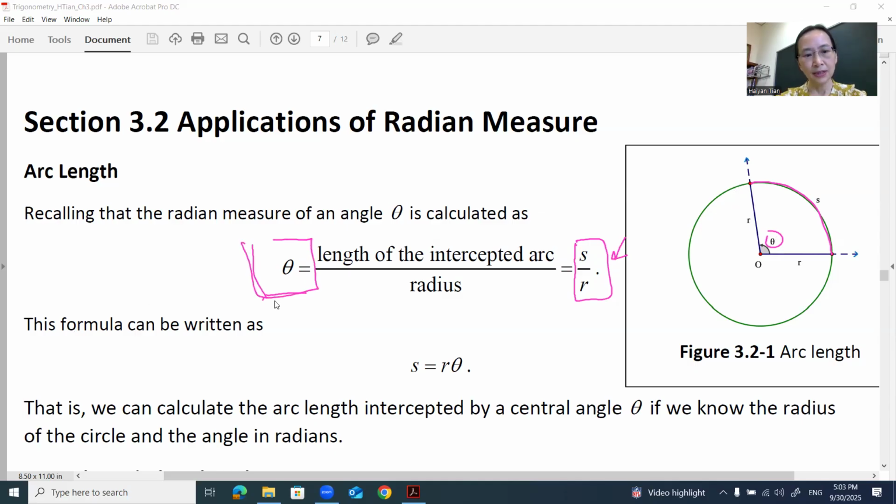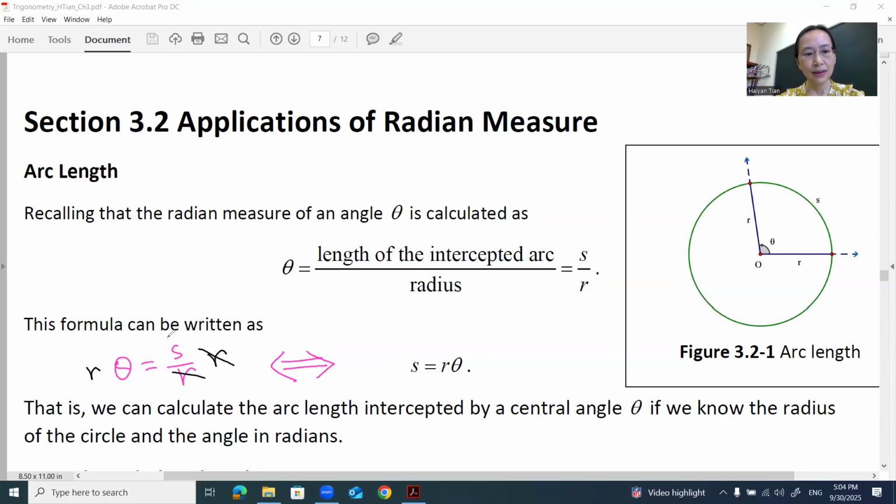With that formula, we can immediately rewrite it. You see, this is the same. If we multiply both sides by the radius, then theta times radius equals S. So we simply multiply both sides by the radius.